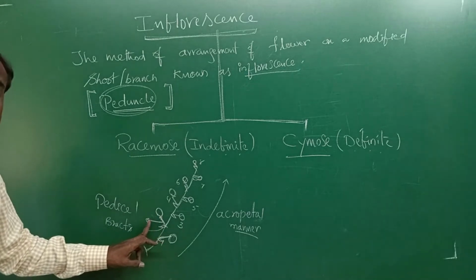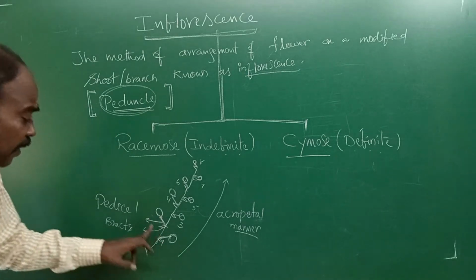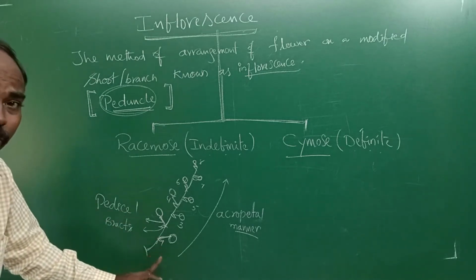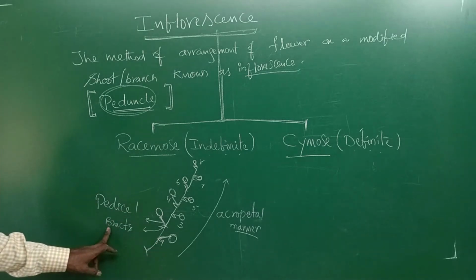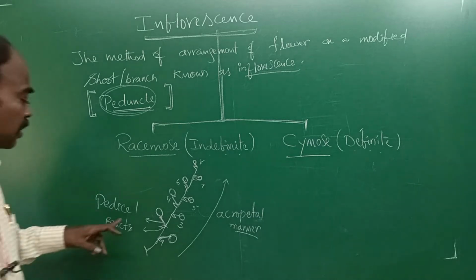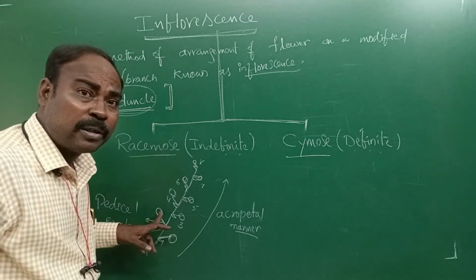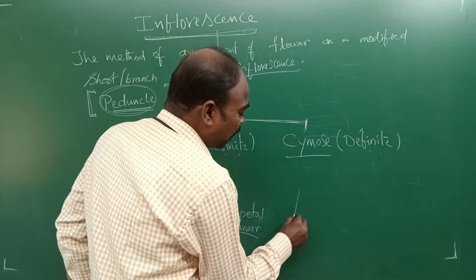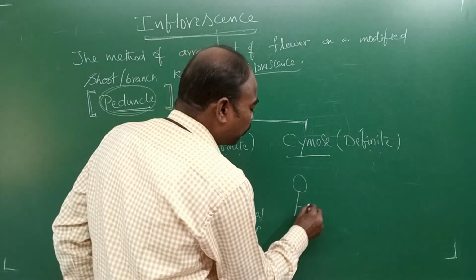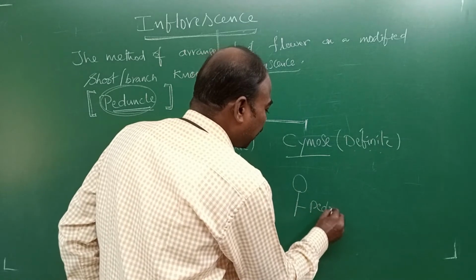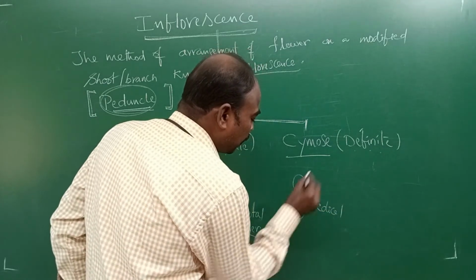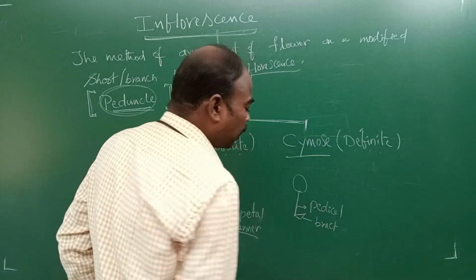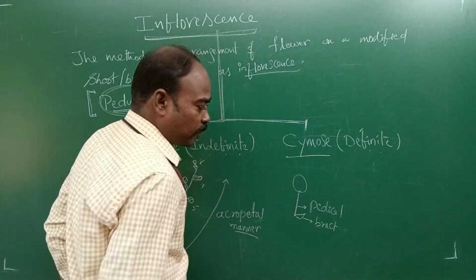So now these flowers are said to be bracteate, pedicellate flowers. Suppose a flower has a bract, then it is called what? Bracteate. Suppose a flower has a stalk, then it is called pedicellate. So you see, the flower stalk is called pedicel. The leaf-like structure of the flower is called bract.